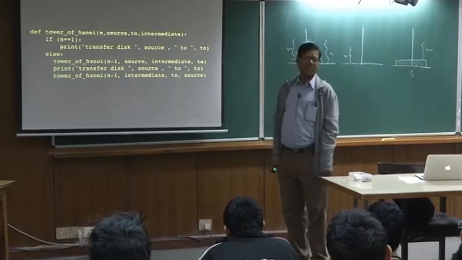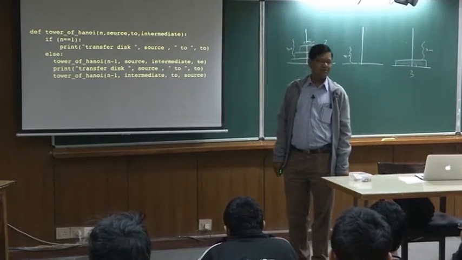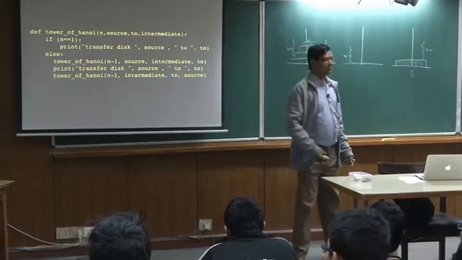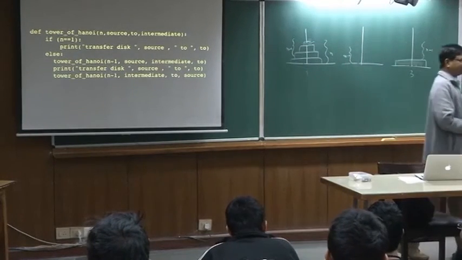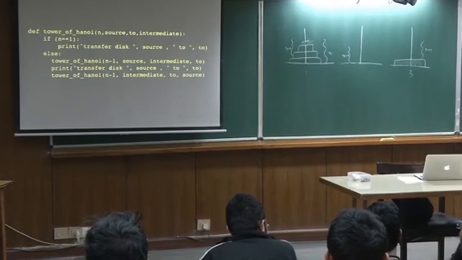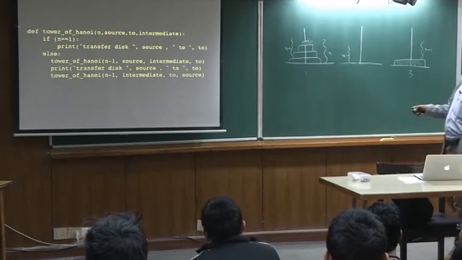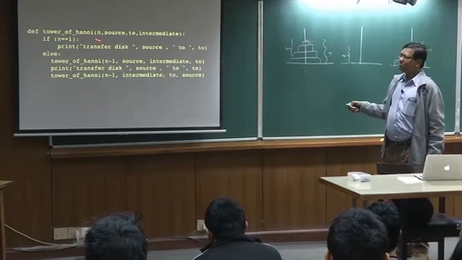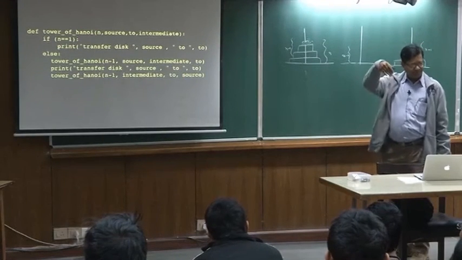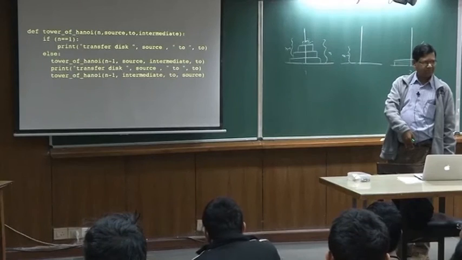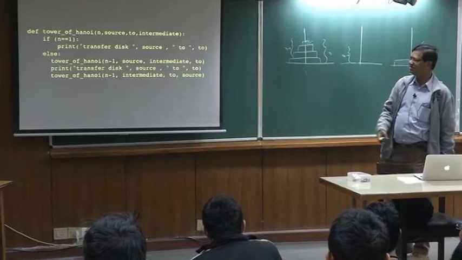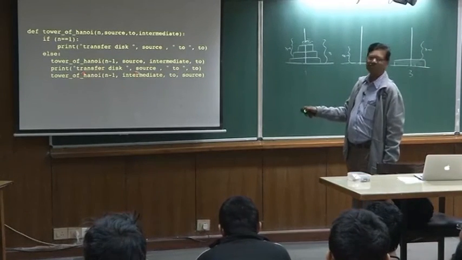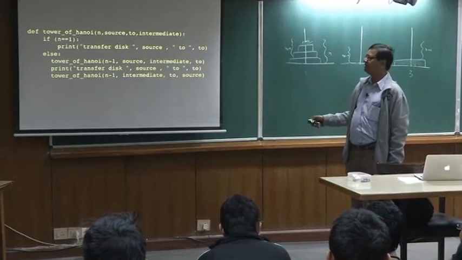If you do this, you solve the problem. Okay, so this is called recursion. If you know how to solve for n minus 1, you can solve for n. You always have to stop somewhere, otherwise it will keep calling and it won't quit, an infinite loop.